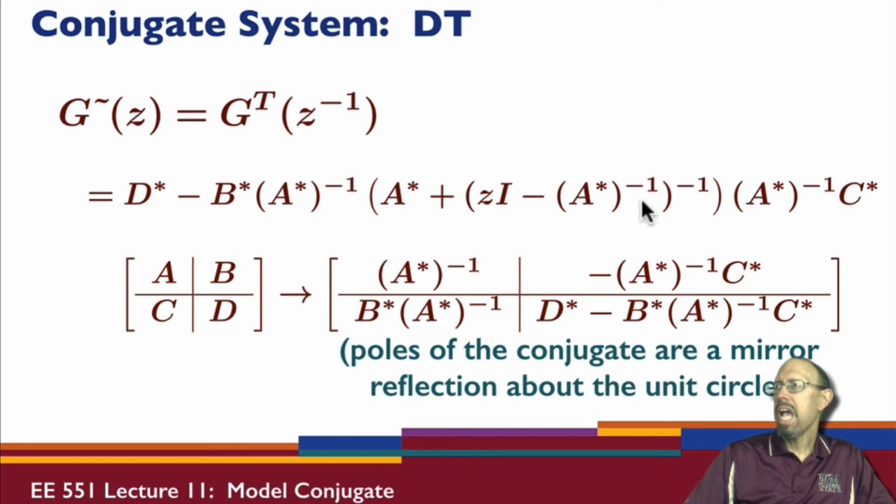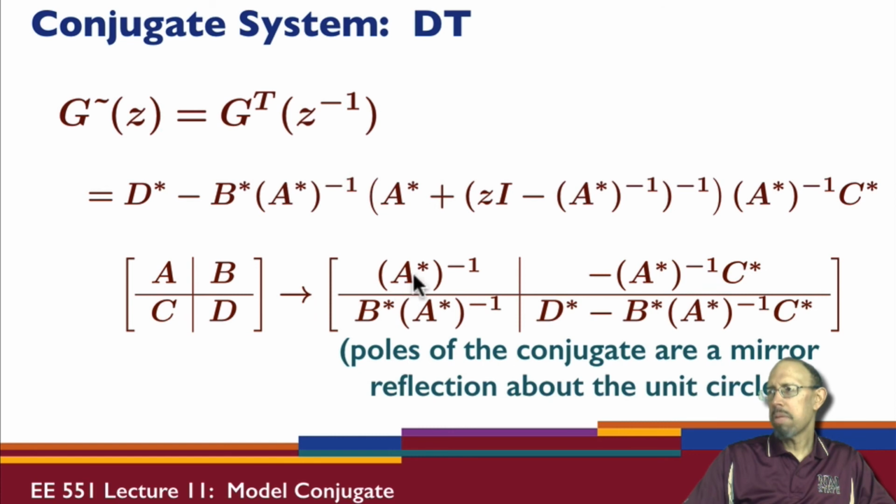So if A is a singular matrix, then obviously I cannot do this. It turns out that happens to be a very special case, but it is possible. So it's more complicated in discrete time, basically. Now, in continuous time, the poles of the conjugate system were mirror images with respect to the imaginary axis.